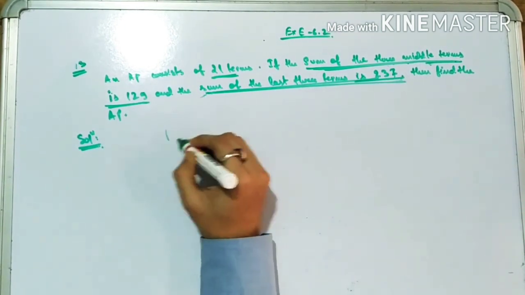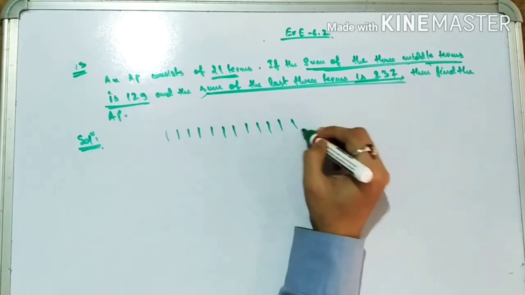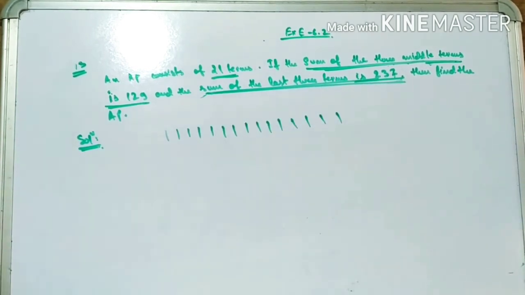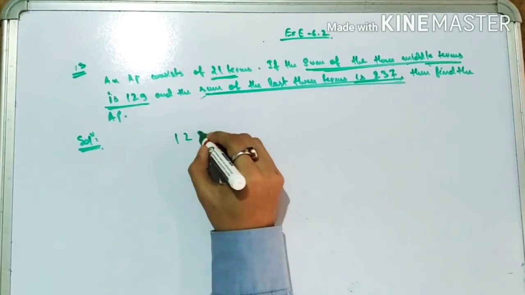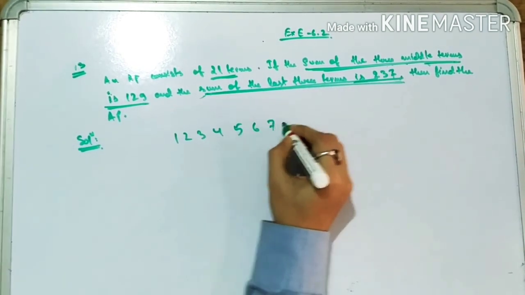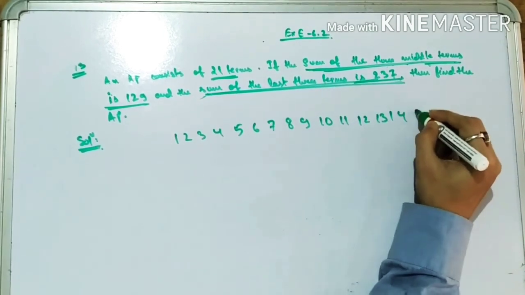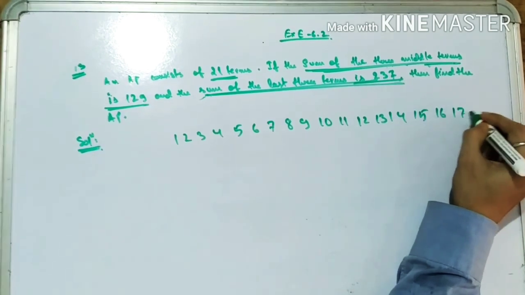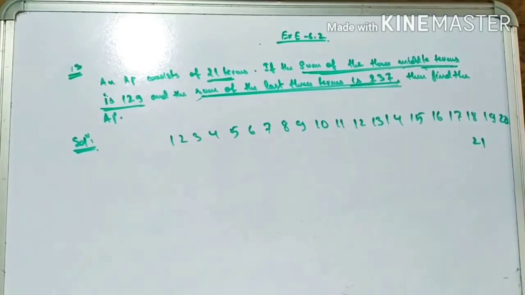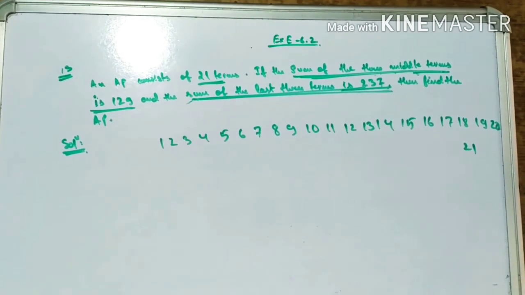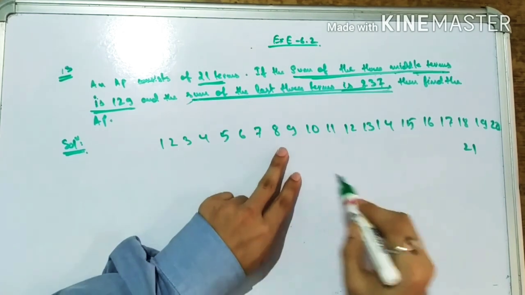You see, 1, 2, 3, 4, 5, 6, 7, 8, 9, 10, 11, 12, 13, 14, 15. Let me write it in this way. 1, 2, 3, 4, 5, 6, 7, 8, 9, 10, 11, 12, 13, 14, 15, 16, 17, 18, 19, 20, 21. Okay. So in here you see sum of three middle terms.